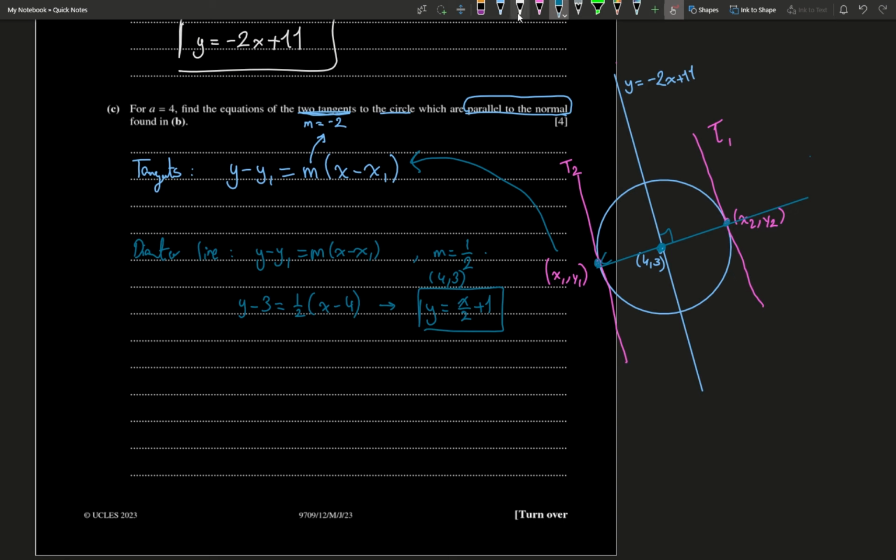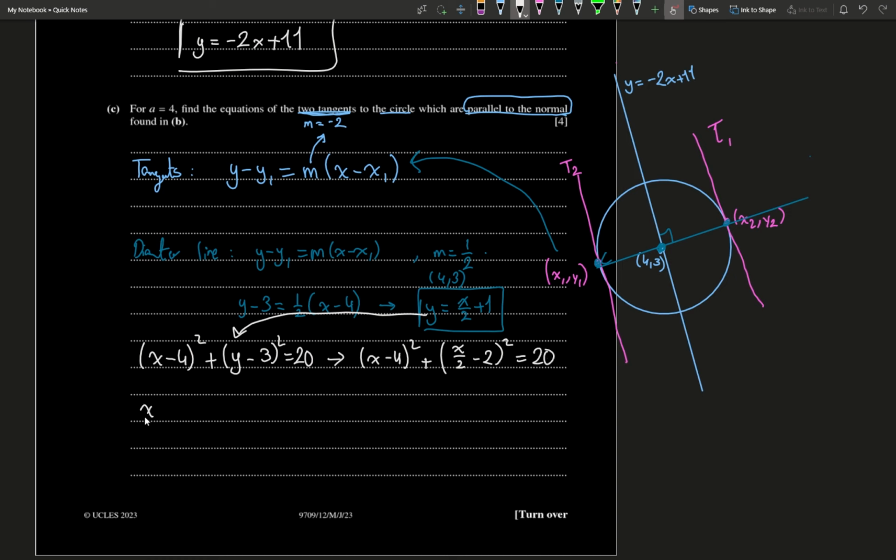We know that the circle equation is given by x minus 4 squared plus y minus 3 squared equal to 20. If I just substitute this into this bracket, giving us x minus 4 squared plus x over 2 plus 1 minus 3, which is minus 2, squared is equal to 20.